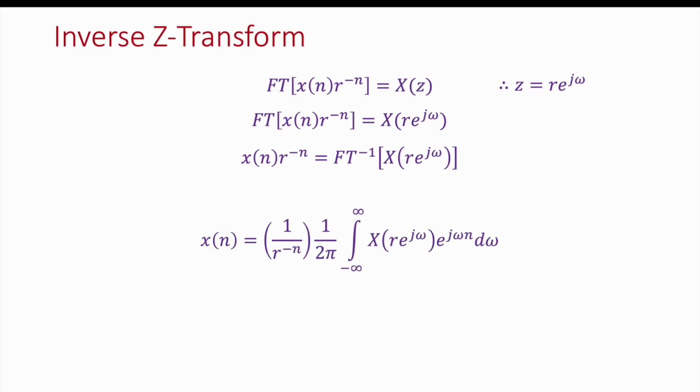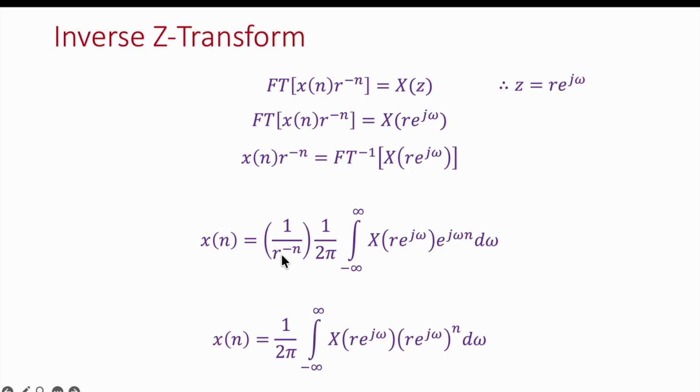And if you take this r raised to power minus n to the other side, it will become 1 divided by r raised to power minus n. And you know the formula of the inverse Fourier transform, that is equal to 1 over 2 pi integral with limits from minus infinity to infinity of x of e raised to power j omega, e raised to power j omega n d omega.